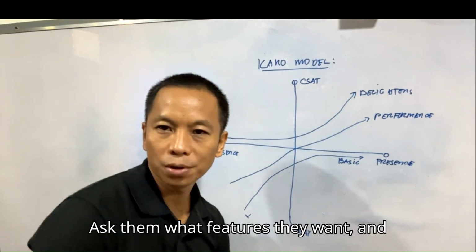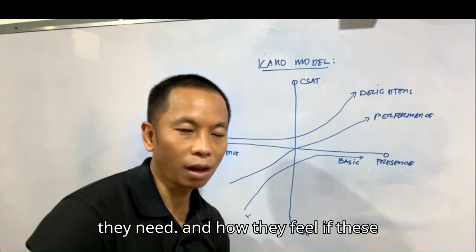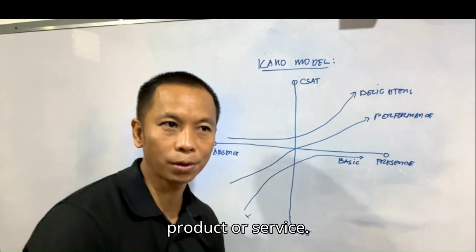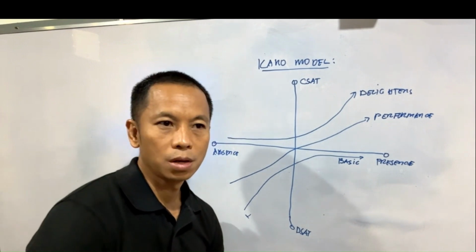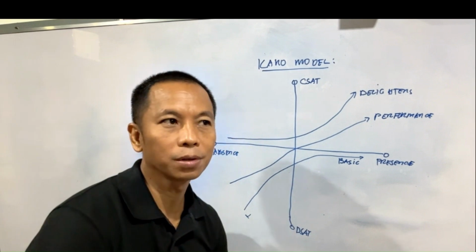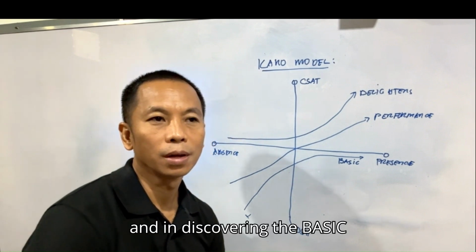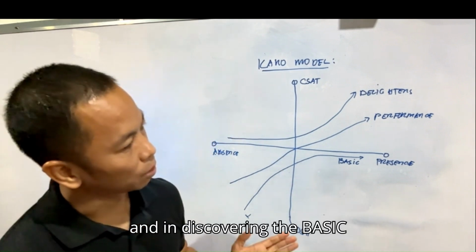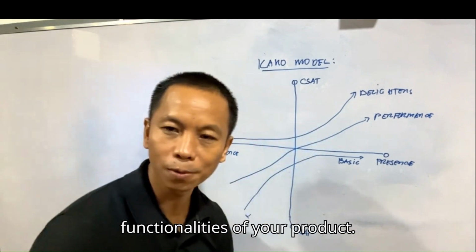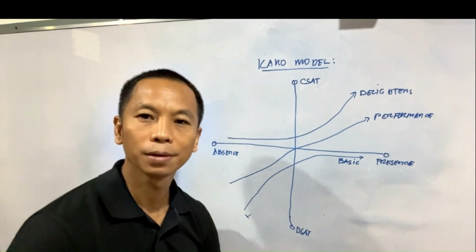Ask them what features they want, they need, and how they feel if these features are absent or present in the product or service. You can also use this in brainstorming with the experts and discovering the basic functionalities, the delighter functionalities, and the performance functionalities of your product.